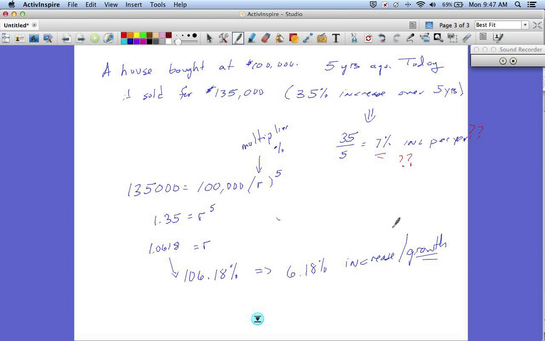So the actual rate of growth is 6.18%, not the 7% that logic would kind of tell us. And what you have to realize here is that when that house grows by 6.18%, it's now up to $106,000 instead of $100,000.